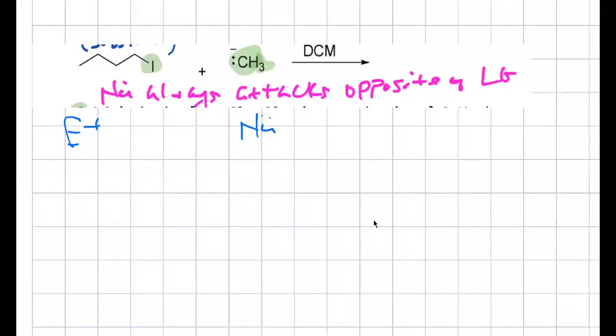So what would the product look like from this substitution? Instead of an I on that first carbon, it'll be a CH3, and then the I will be by itself.